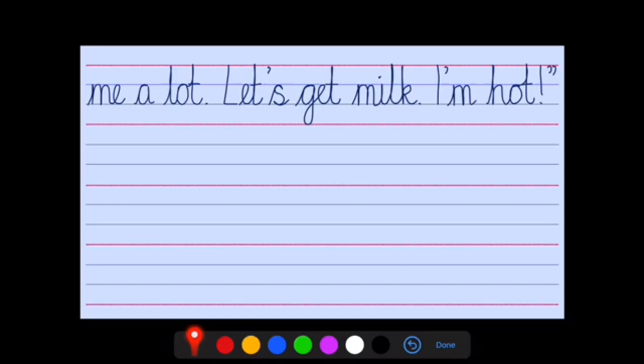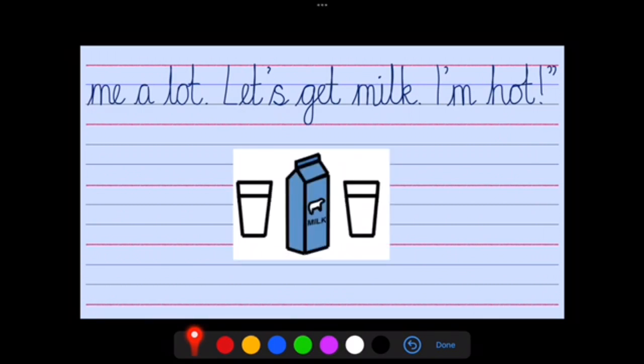But it's okay to do that, if this isn't going to confuse you with the number 1 or the letter L. If you're printing, then you can write the word I like this. I'm hot. So two hard-working wee bunnies get themselves a drink of milk. Half a carton each by the look of it.